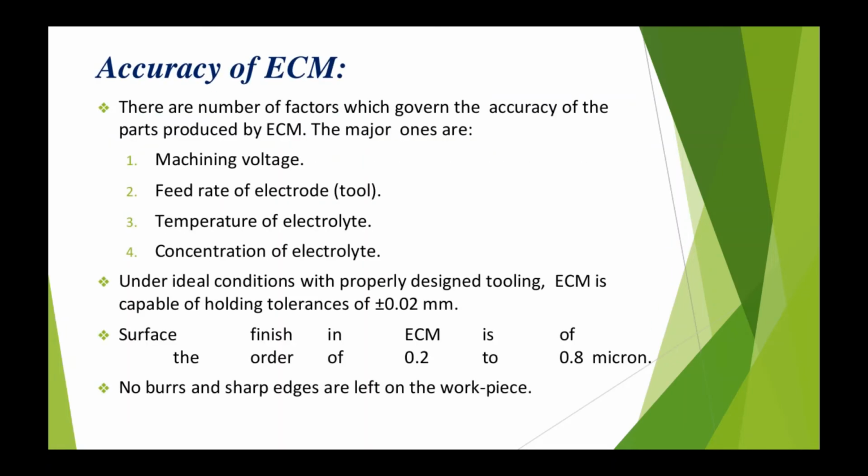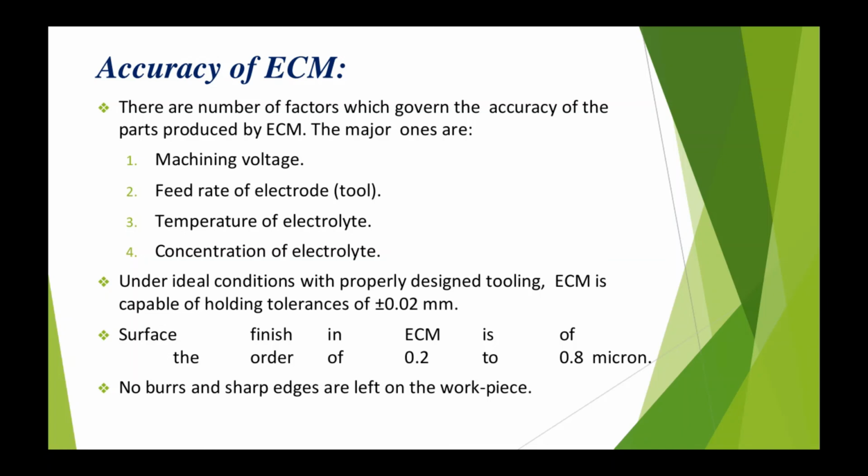Now here I have shown some accuracy related points. There are a number of factors which govern the accuracy of the part produced by electrochemical machining. The major ones are: the machining voltage, the feed rate of the electrode, that is the tool, the temperature of the electrolyte, and the concentration of the electrolyte.